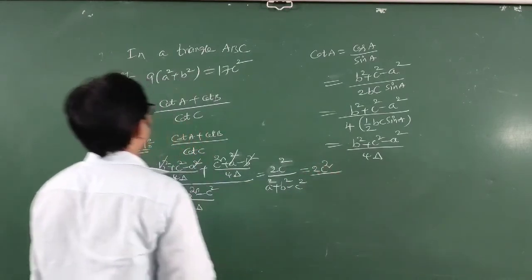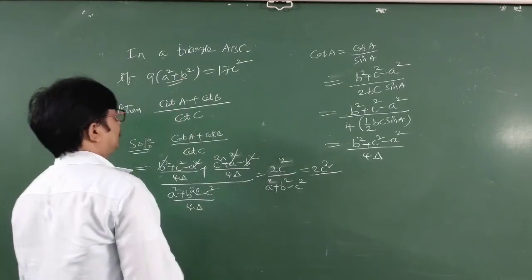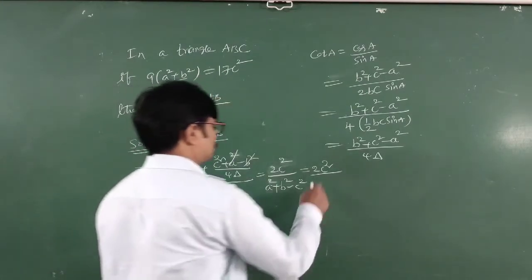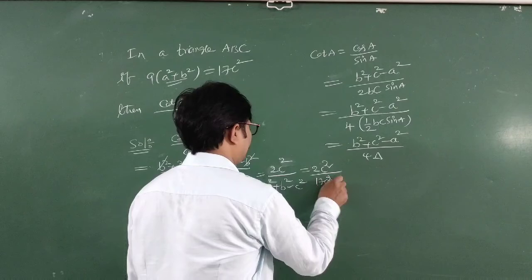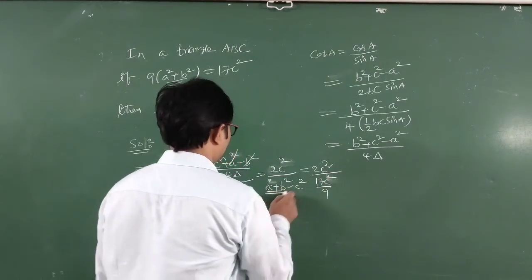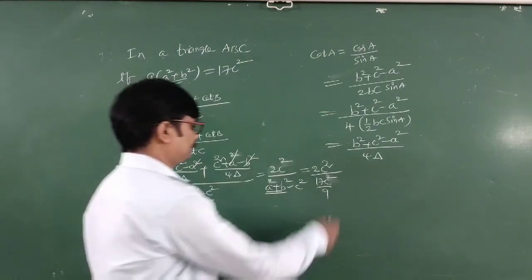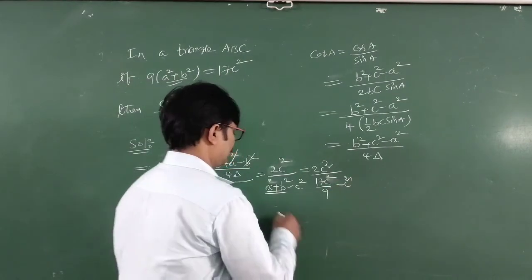Dear students, what is the value of a square plus b square? That is a square plus b square is 17c square by 9. So this is 17c square by 9 minus c square.